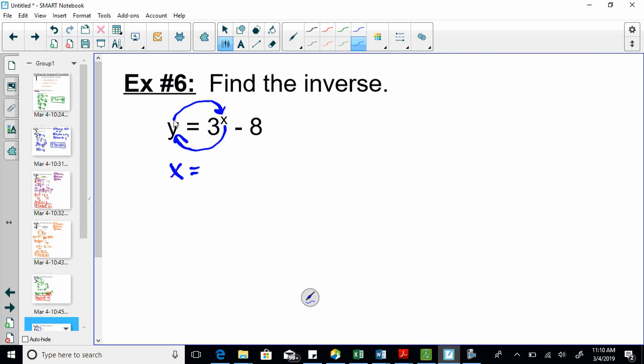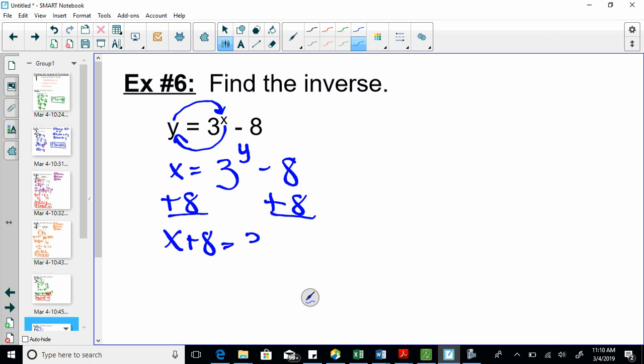So it becomes x equals 3 raised to y minus 8. And now we have to solve to get y back by itself. So first thing we're going to do is add 8 to both sides. So we have x plus 8 equals 3 raised to y.